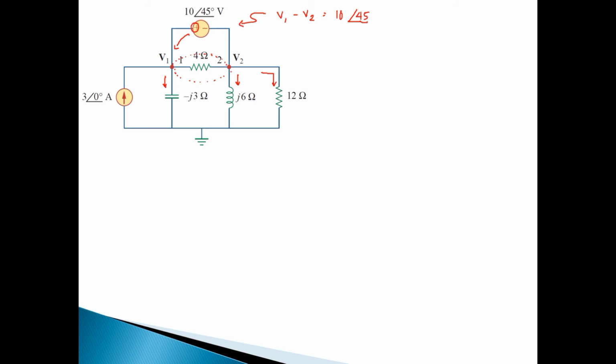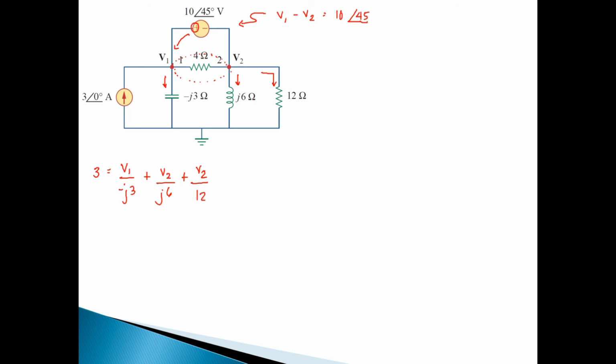And then for the overall equation for this supernode, we have current entering, which is equal to 3, equal to current leaving: V1 over negative j3 plus V2 over j6 plus V2 over 12. Okay, so we can multiply both sides by j12.